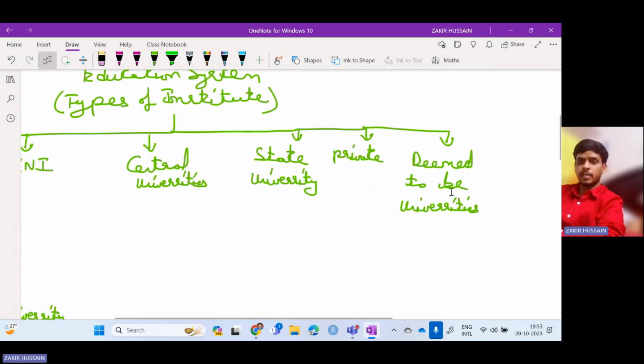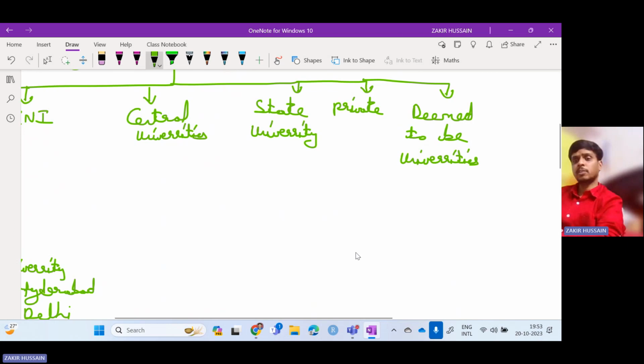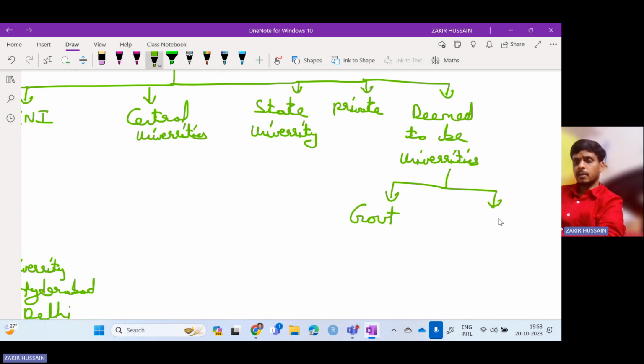Among deemed universities, we have two categories, government deemed universities and private deemed universities. For example, popular central government deemed universities are IISc, Indian Institute of Science, Bangalore, and Sant Longowal Institute of Engineering and Technology, SLIET.